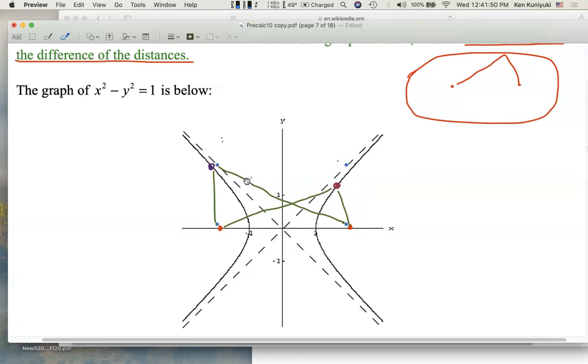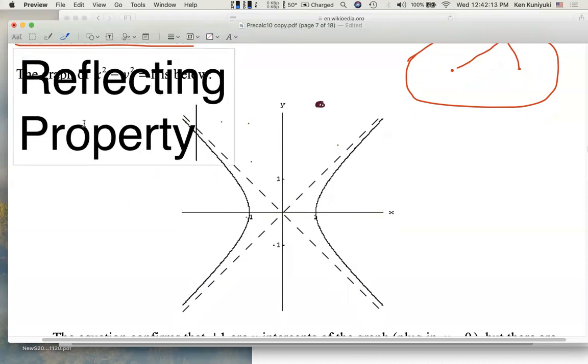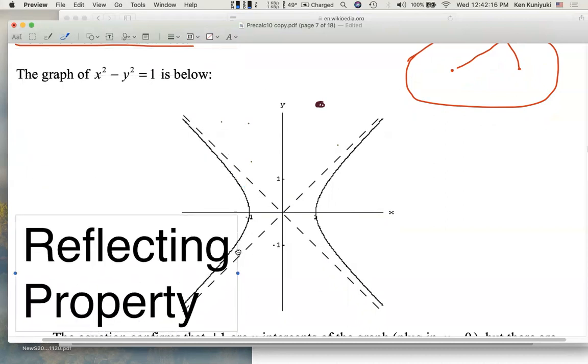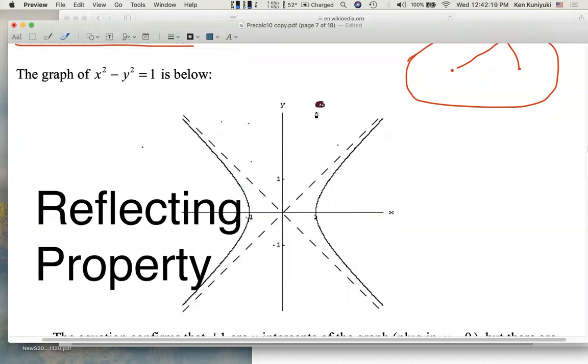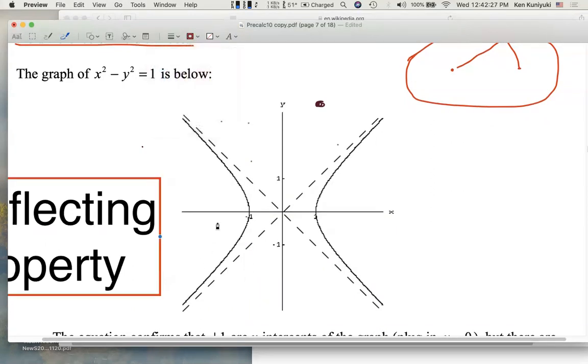Now, what's the reflective property? This has real practical application in the military, in navigation. So let's consider this point over here. Once again, let me draw the two foci. Let's say the foci are over here and over here.